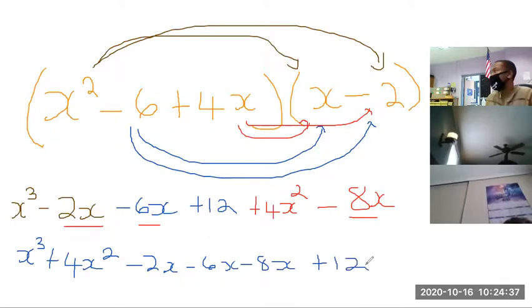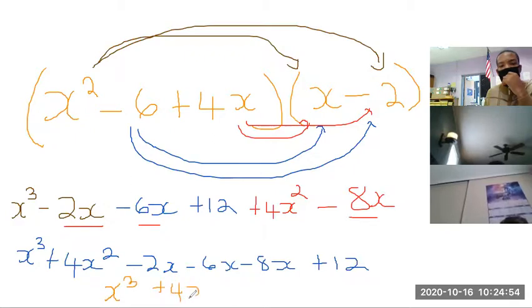All I did was rearrange. I group my like terms together. So then my answer ends up being x cubed plus 4x squared minus 16x.